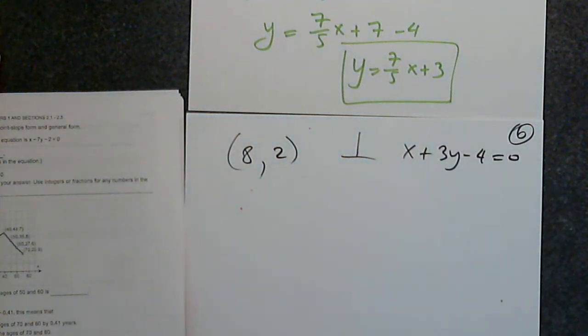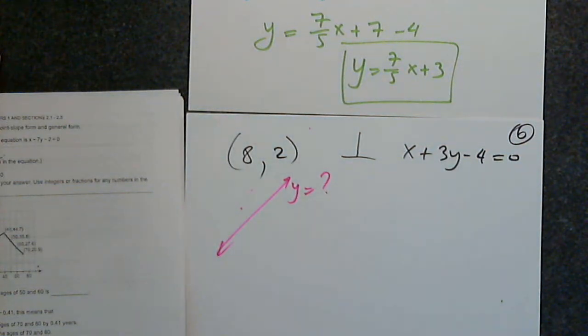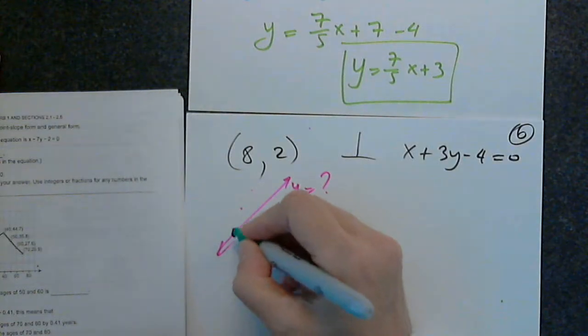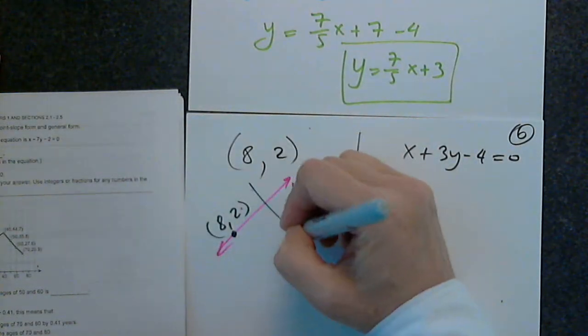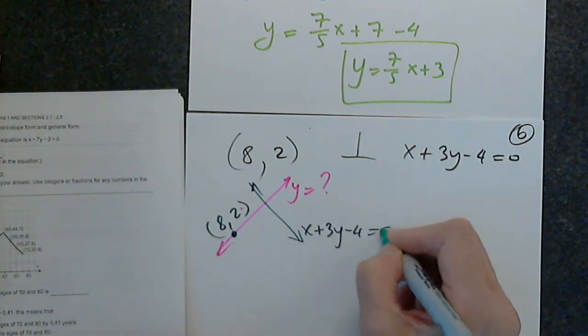Excellent. Perfect example. Great job. Okay, so the scenario is this. We want to find the equation of this line. And we know two things about it. It passes through 8, 2, and it's perpendicular to this line, which is x plus 3y minus 4 equals 0.